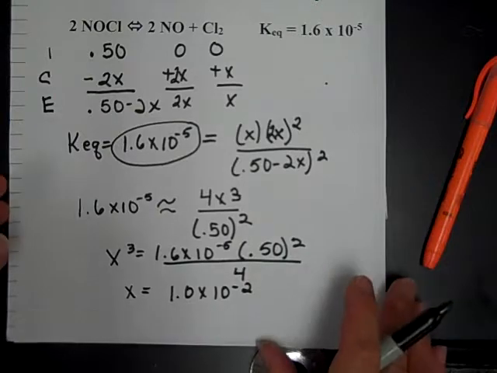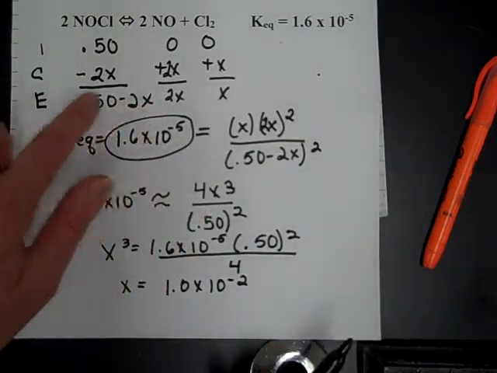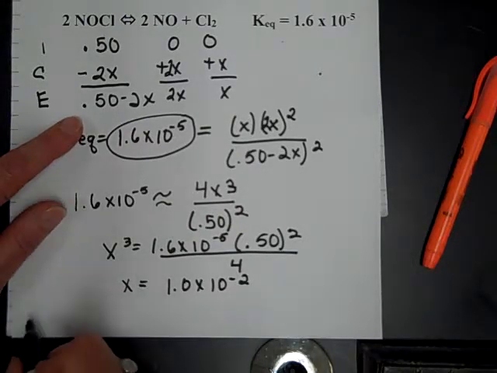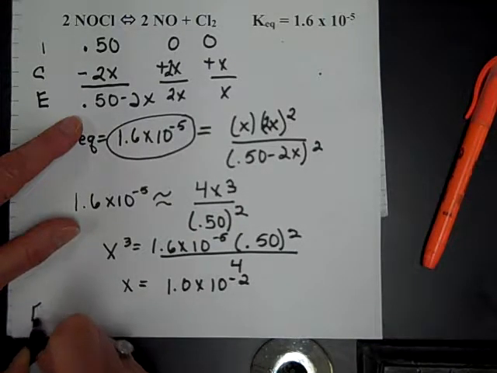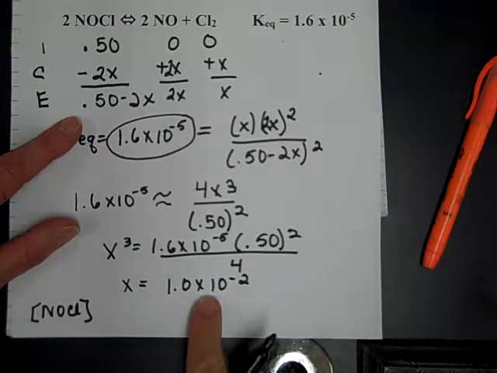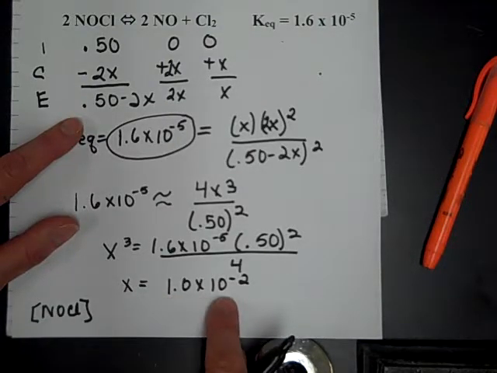And now remember, the final step is plugging it all back into the last line of the ICE table. So the NOCl, I'm going to run out of room here. NOCl, you might prefer to put that into regular notation, so it's going to be 0.01, right?